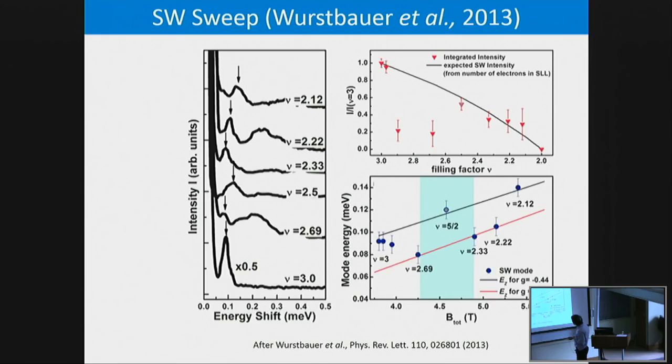When we move away from the fully spin polarized state, a lowered intensity might be able to tell you, first of all, that you're no longer fully spin polarized, but a reduced energy might also tell you something about the existence of some order. And actually, there's a 2010 paper by Drozdov et al. that I didn't reference.